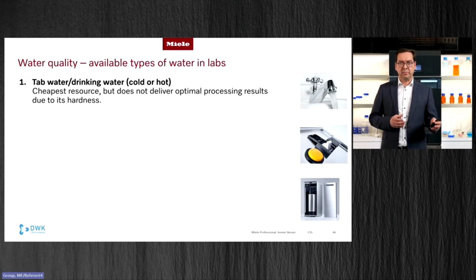That can be done because it's a really cheap resource, but on the other side, the cleaning result that you can achieve by doing so will not be excellent. It's because drinking water contains a lot of different material and parts that really are not beneficial for cleaning purposes. What you have learned from the slide before, warm water is always better than cold water.